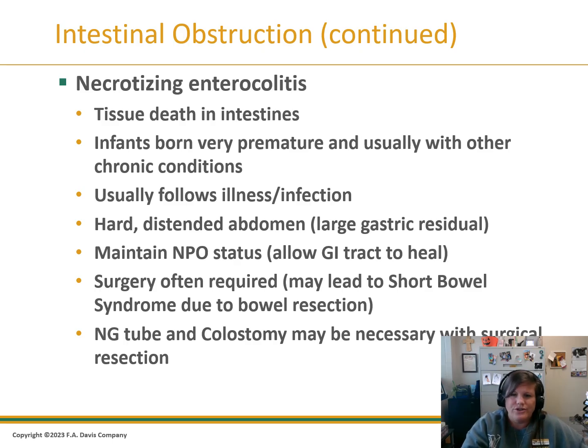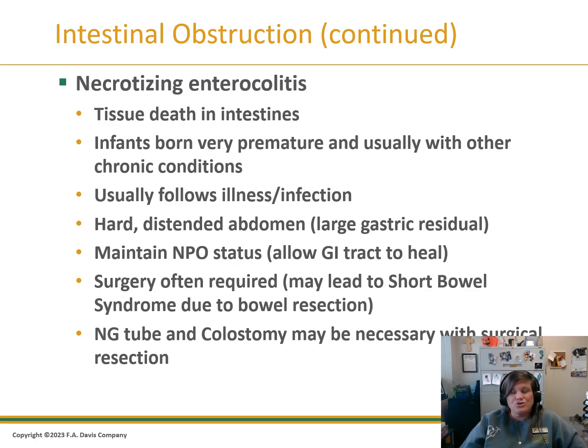And it says usually follows illness and infection. These babies are going to present with a distended abdomen that's going to be hard when you palpate it, and they will maintain a large gastric residual. What is a gastric residual? Well, if you think about a patient with a PEG tube, we have a tube placed in their gastric cavity that's being used for food administration.